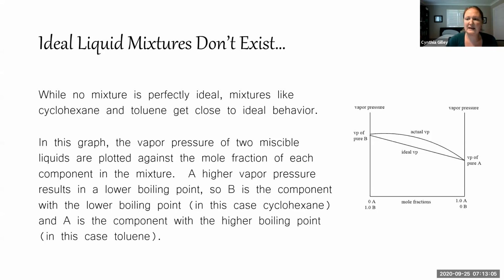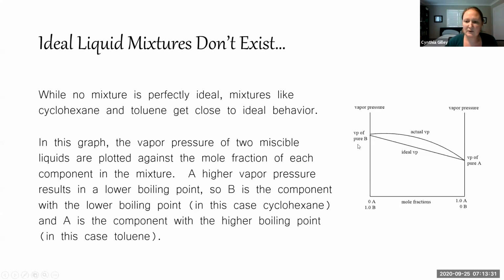So basically, we have a graph here to the left, where vapor pressure is plotted on the y-axis, and we have the pure vapor pressure of A and the pure vapor pressure of B. These are not the same exact liquids, and so the vapor pressure above the pure liquid is not going to be exactly the same.